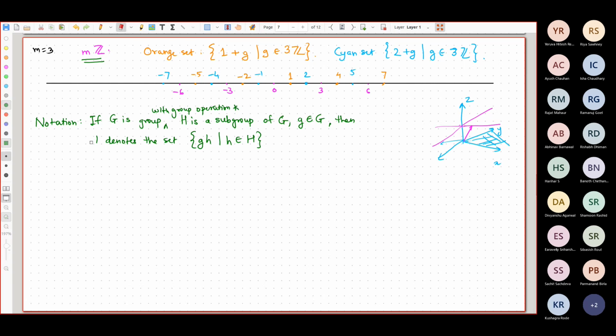Here I meant to write g star H. g star H is the set g star little h such that little h is in H. Just a short form that I'm introducing. And similarly, I'll say H star g denotes the set h star g such that h is in H.